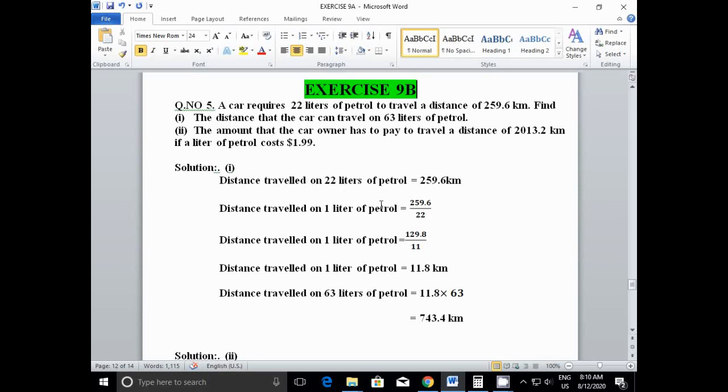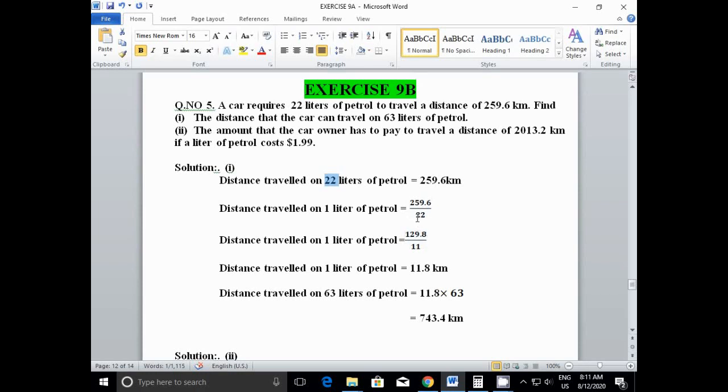So 259.6 divided by 22, both numerator and denominator are the multiples of 2, which means we can divide these two quantities by 2. So if we divide this 259.6 by 2, we get the quotient 129.8. Same as if we divide this 22 by 2, then simply the quotient will be 11.